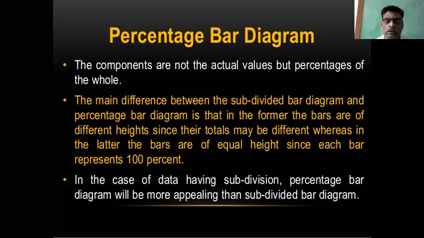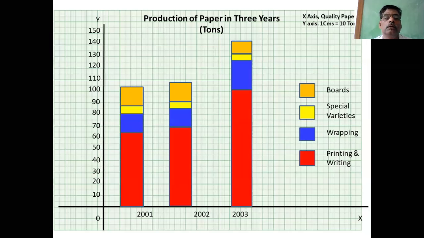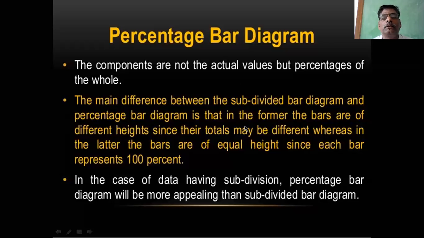Okay, you see here. The length of the bar is not uniform. But in the percentage bar diagram, the length of the total bar is same. Length of all the bars is same because we convert the components in the parts of 100.